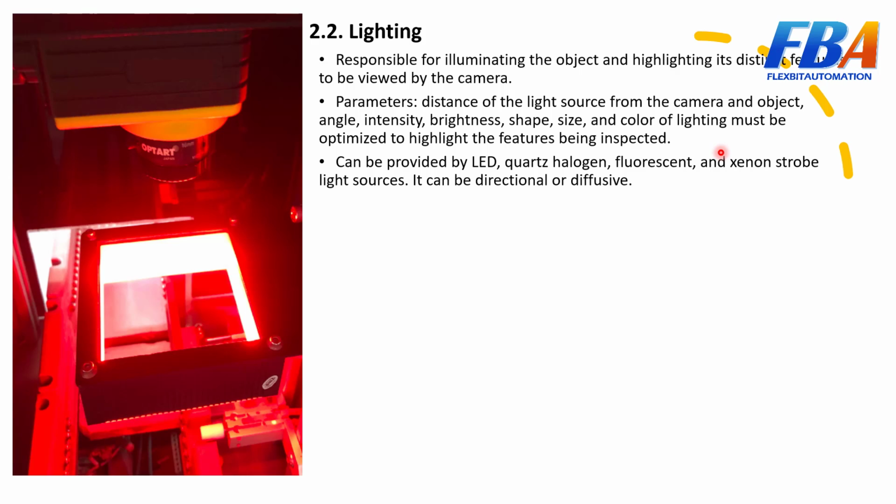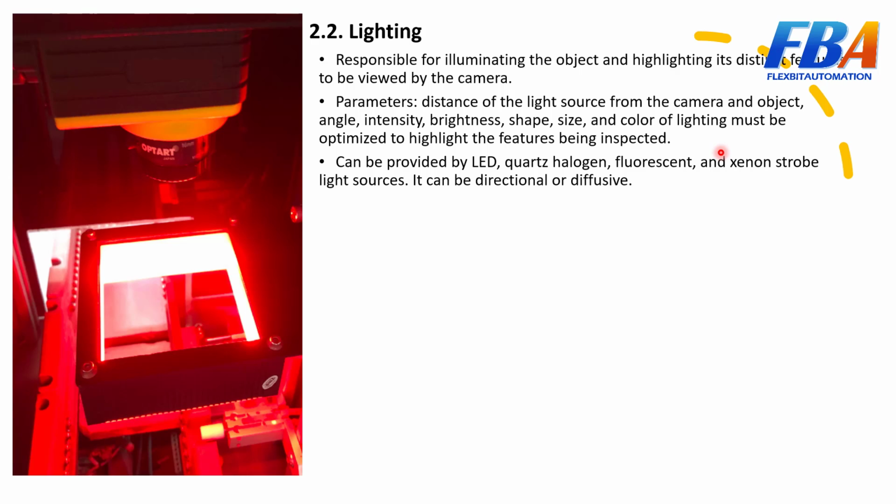Next one, about lighting. Lighting is responsible for illuminating the objects and highlighting their distinct features to be viewed by the camera. It's one critical component of a machine vision system.